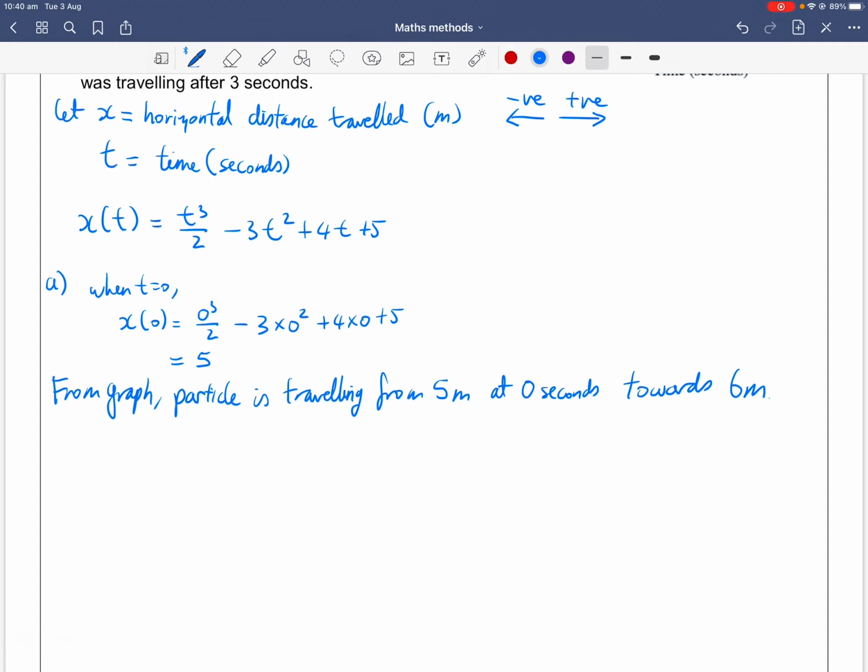Therefore, the particle initially travels to the right of the observation point. So that's interpreting going from 5 to 6 of the initial position.